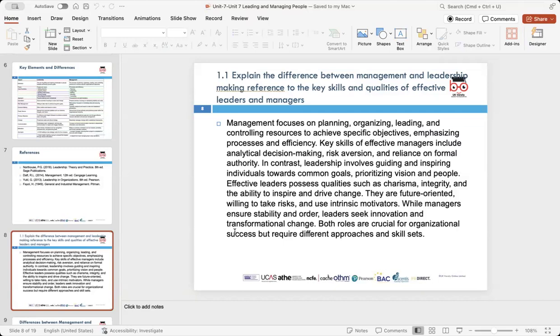On the other hand, leadership is about guiding and motivating people towards a shared vision. Leaders are future focused, open to taking risks, and use their personal qualities such as integrity and charisma to inspire others. Managers focus on stability and following procedures, while leaders aim for innovation and change. Both roles are important for a successful organization, but require different skills and approaches.